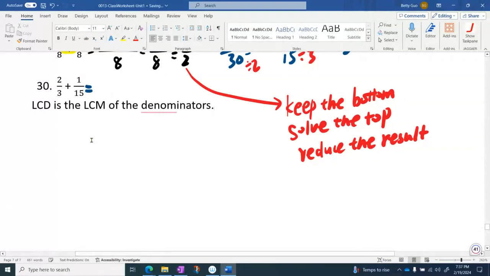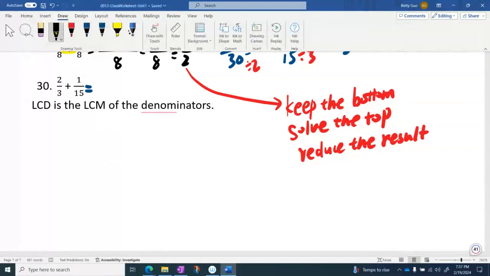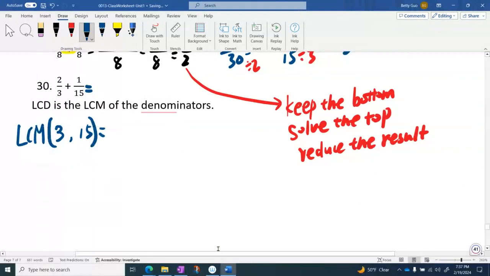The 2 fractions have denominators 3 and 15. So the least common denominator of those 2 fractions is the least common multiple of the 2 denominators. Yeah. What is the least common multiple of the 2 denominators? Would it be 45?